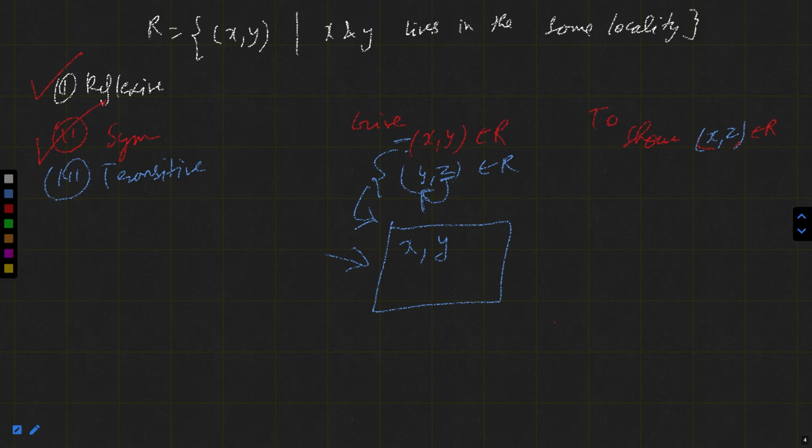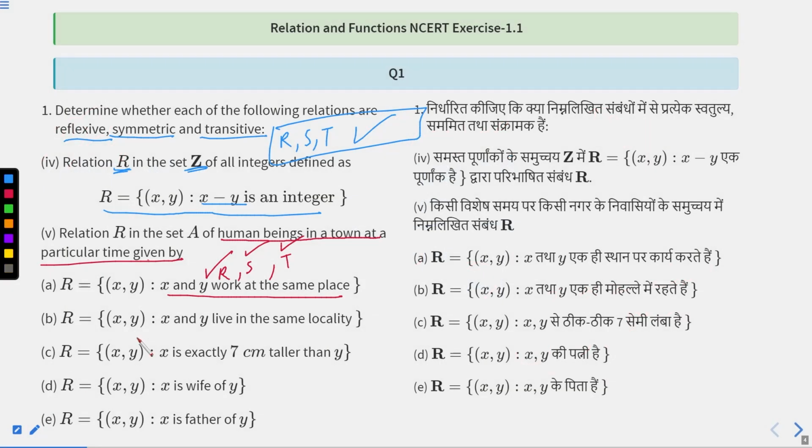This means z also lives somewhere over here, and from this pictorial representation I can easily see that x and z also live in the same locality. So this means (x, z) belongs to R. So this is also a transitive relation. So this is also R S T. Okay, I hope this is very clear to you.